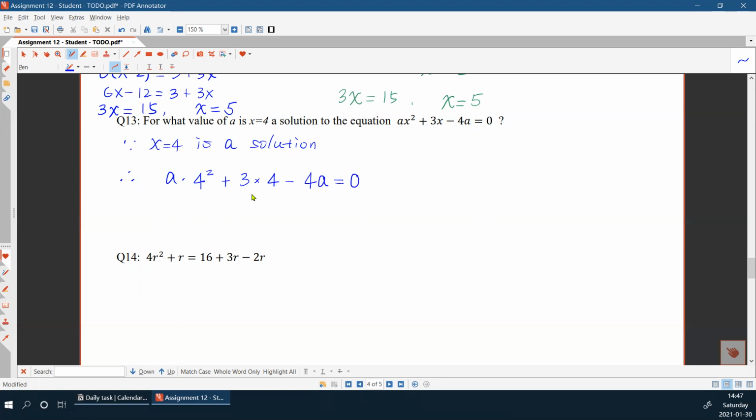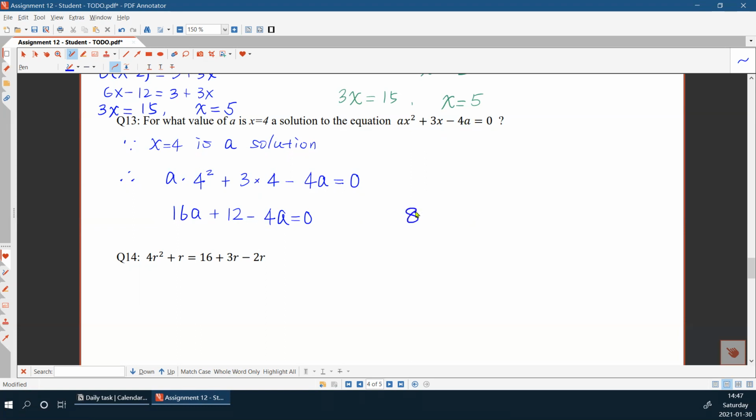Because x equals 4 is a solution, you can just put x being 4 into the original equation, and this equation holds true, right? And this gives us 16a plus 12 minus 4a is 0. And from this new equation, we can easily solve the value of a, right?